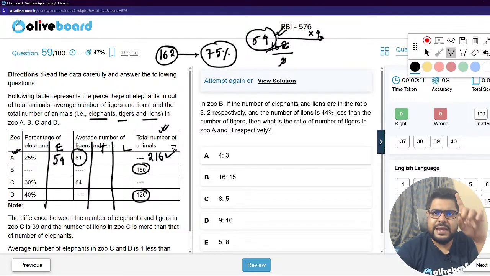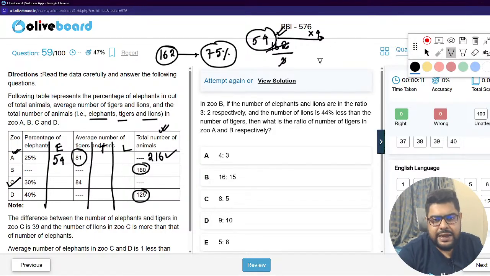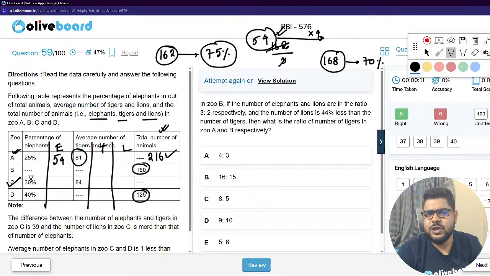Done. The same thing you can do for zoo C, the third zoo, sir. 84 twice, because this is the average. So this is 168. This is for 70%, because 30% is elephants, so tiger plus lion has to be 70%.